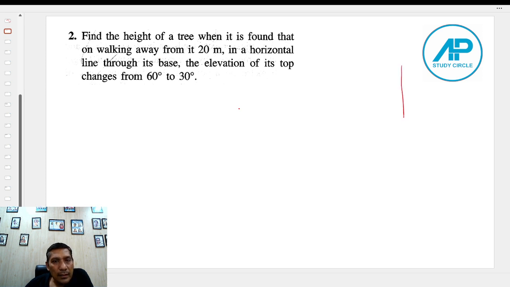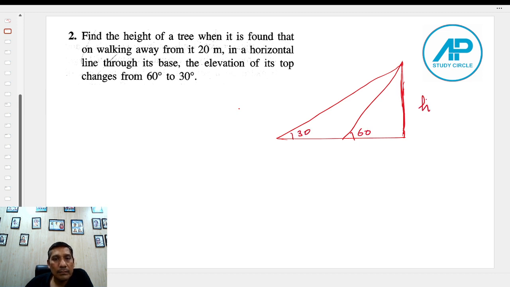So a tree gives you a perpendicular. The elevation of top changes from 60 to 30.